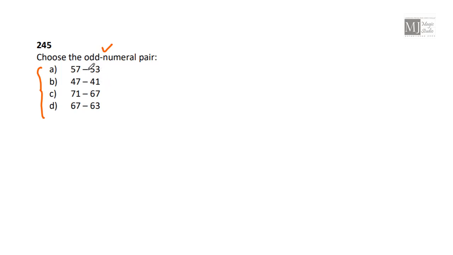If I consider the hyphen as a subtraction sign, 57 minus 53 is 4, 47 minus 41 is 6, 71 minus 67 is 4, 67 minus 63 is 4. Bingo. These three have the same answer except this one. That means option B fits in. Option B is the odd pair, or odd one out.